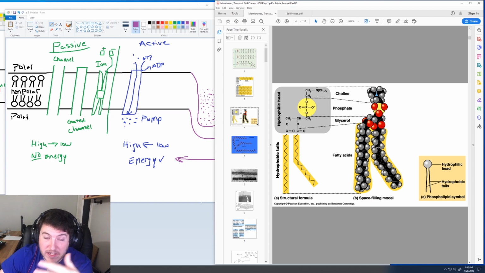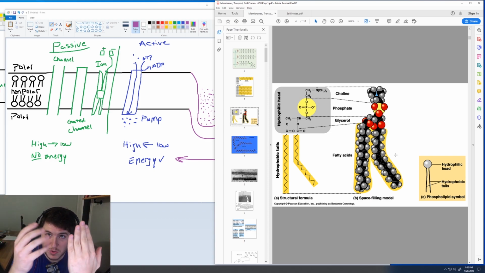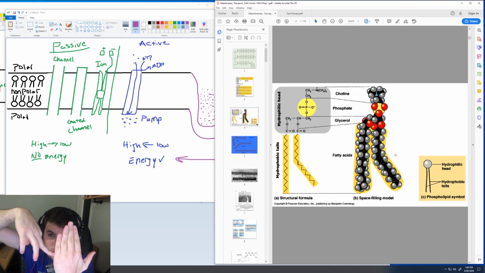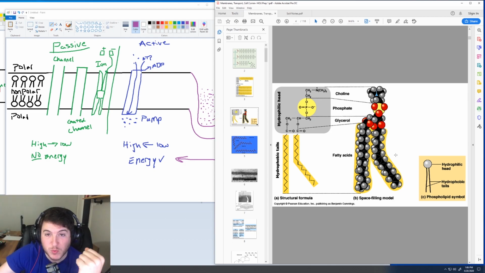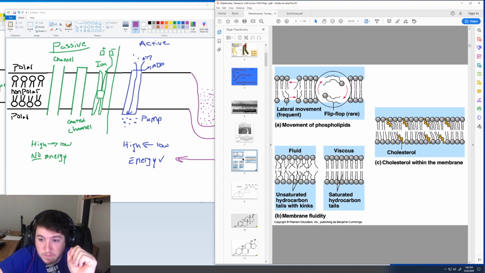That's the difference between a saturated fat and unsaturated fat. Remember, a saturated fat is just a straight fat, and an unsaturated has this bend in it. That bend sort of allows two things to not be able to be right on top of one another. It provides space in between the two phospholipids, and that space is how things can pass through the membrane, small things. Okay, so here we go.